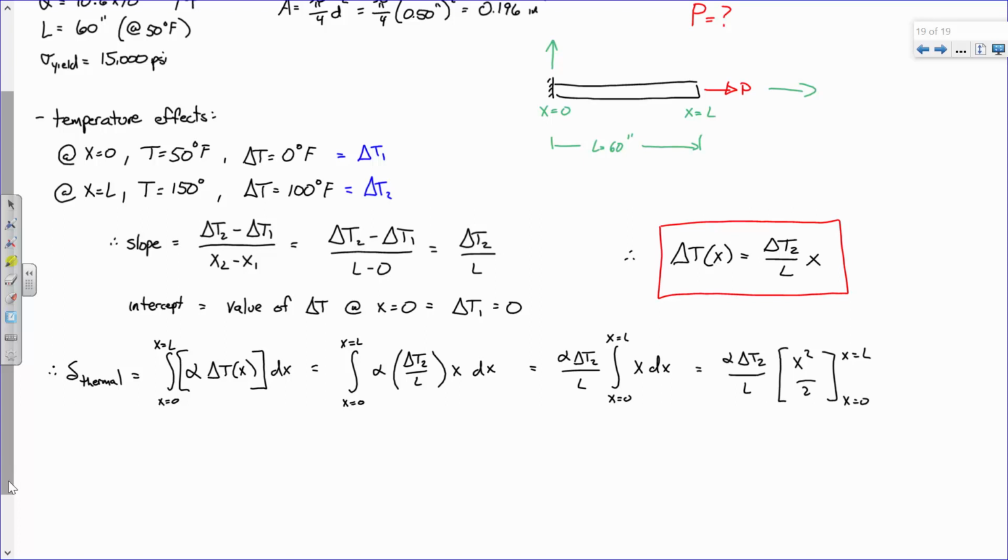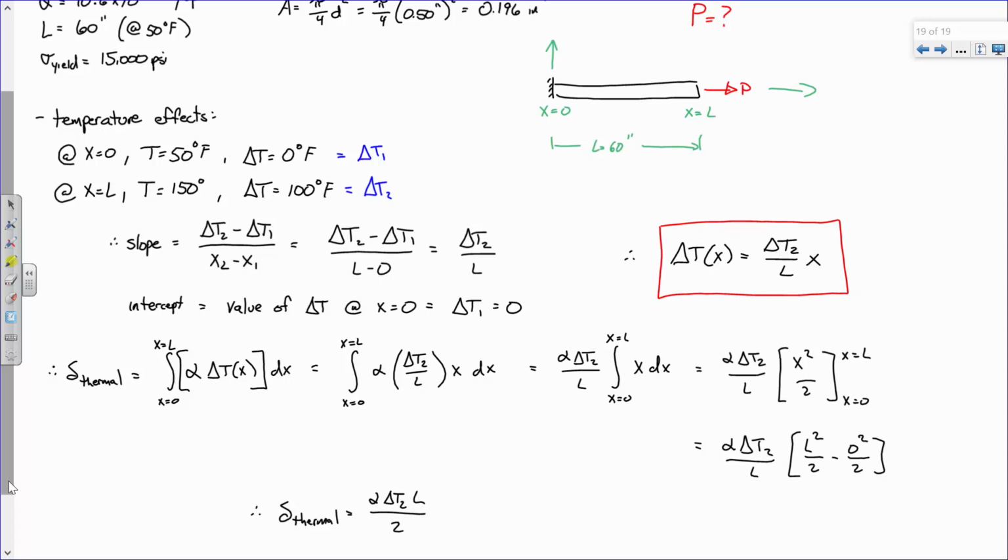So I have alpha delta T2 over L times L squared over 2 minus 0 squared over 2. So I'm getting delta thermal is alpha delta T2 L over 2.